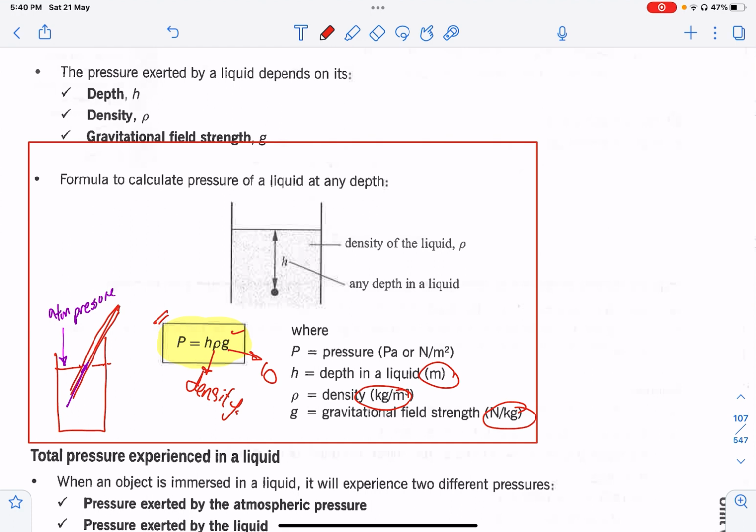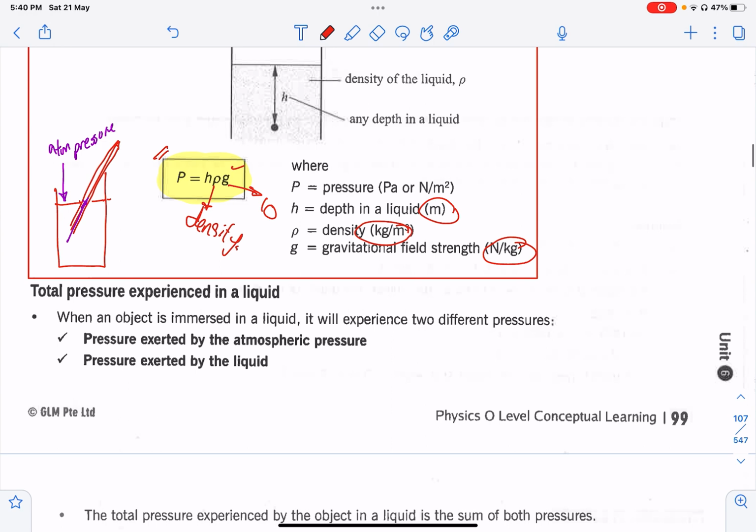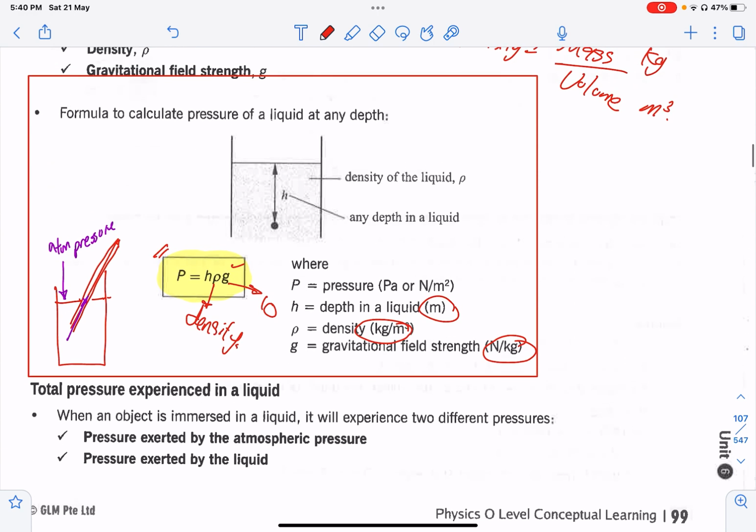Density is something we can calculate, for a liquid it's basically mass over volume, with mass in kg and volume in meter cube. Pressure is in Pascal or Newton per meter square. Height must be in meters.